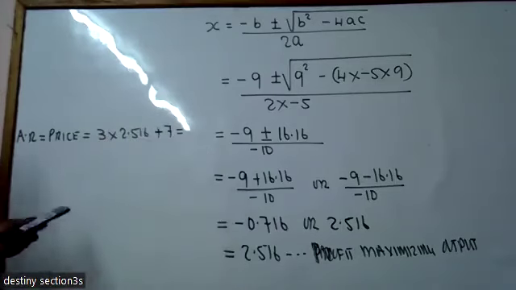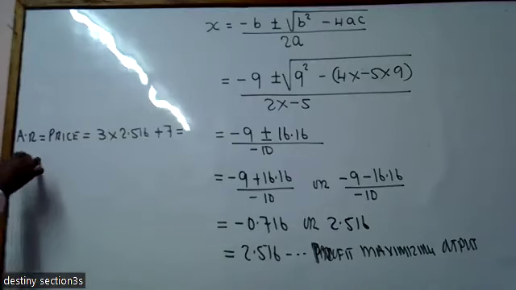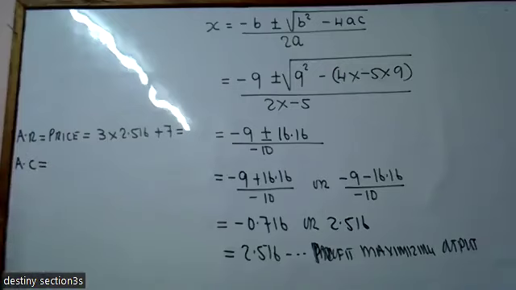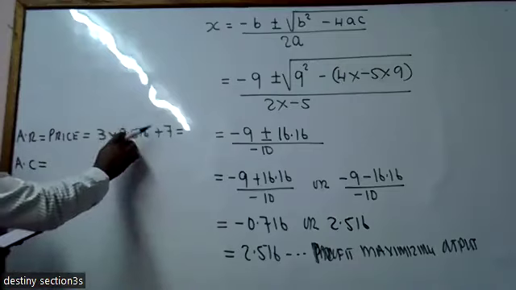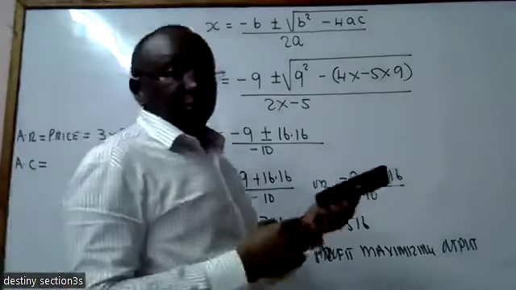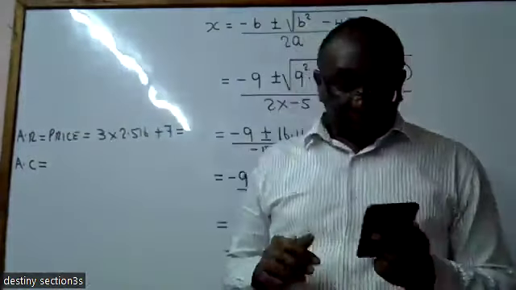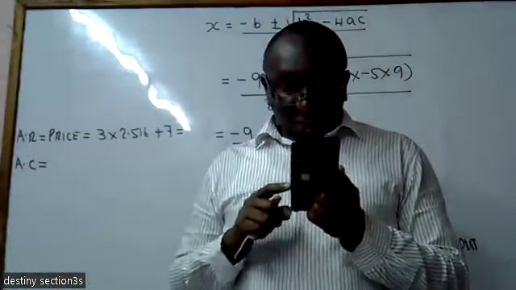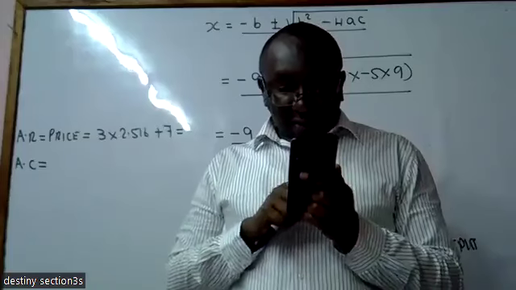So that is how you will get the price. Then the cost, the average cost: just put the 2.516 in the average cost function. That will be the answer.